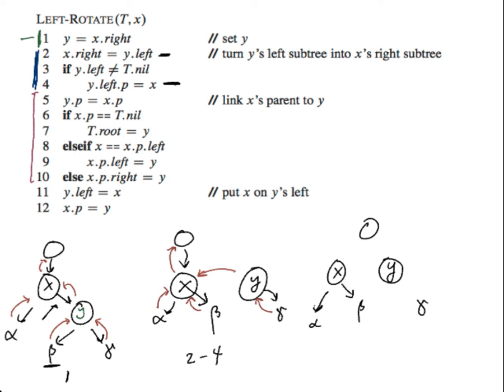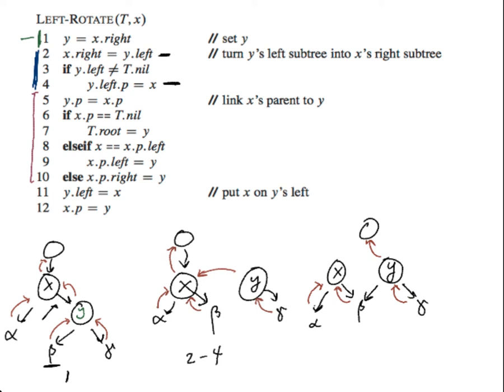So none of this is going to change. Let's do our parents. Notice that beta doesn't point to y anymore. That was updated. All right, so line 5. The parent of y is going to point to the parent of x. Done.